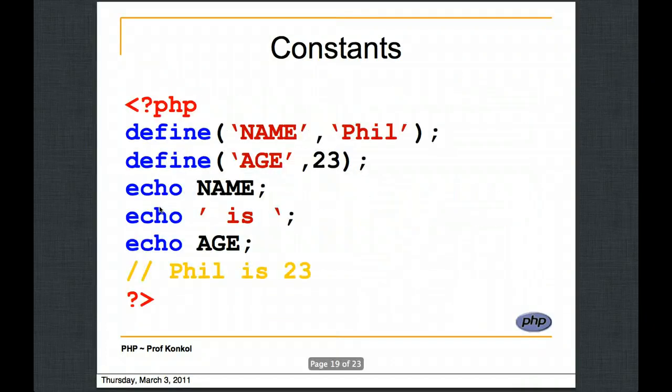And here's some examples. We're going to define the name constant as Phil and the age constant as 23. Make sense? So echo name is age, Phil is 23.